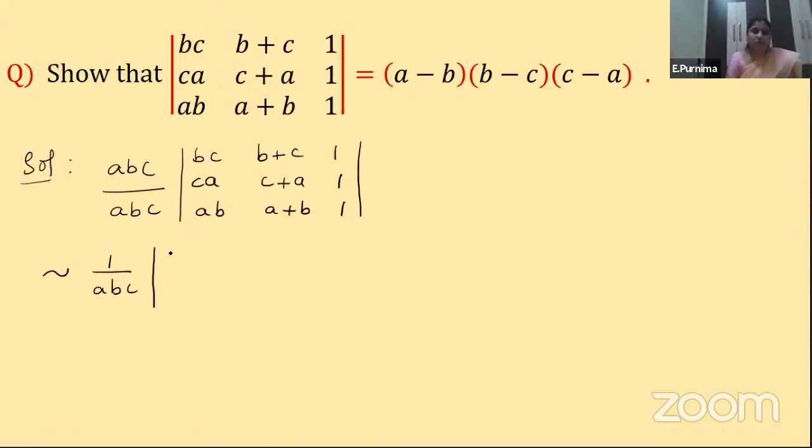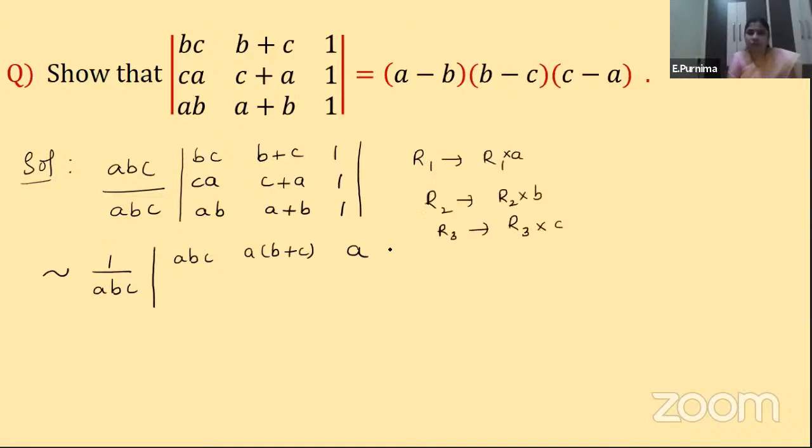The first row is multiplied with A: R1 goes to R1 into A, R2 goes to R2 into B, and similarly R3 goes to R3 into C. We are going to do this.